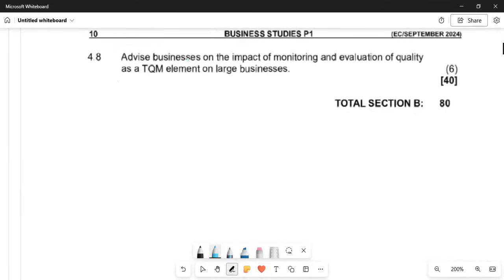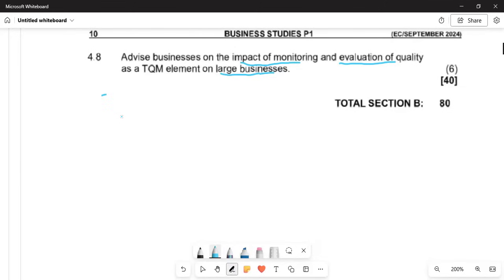4.8, advise business on the impact of monitoring and evaluation of quality as a total quality management element on large business. Monitoring and evaluation of quality processes. We want the impact on large business.